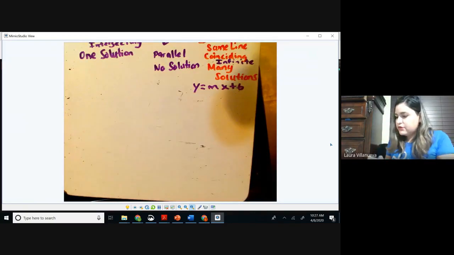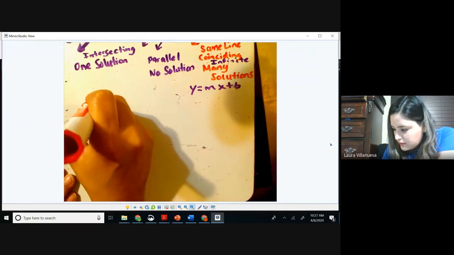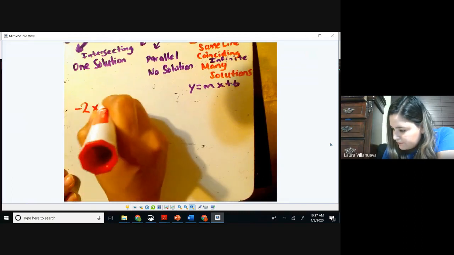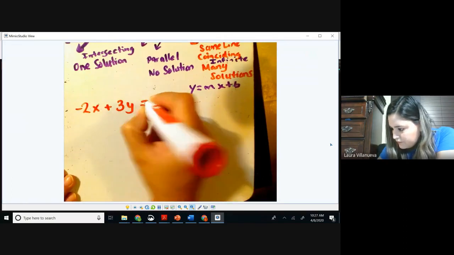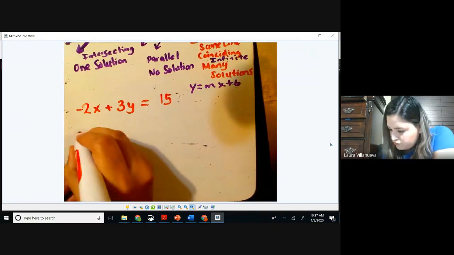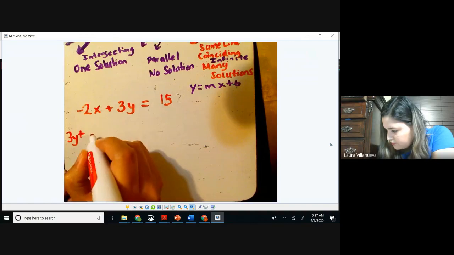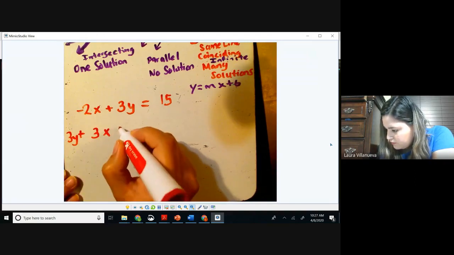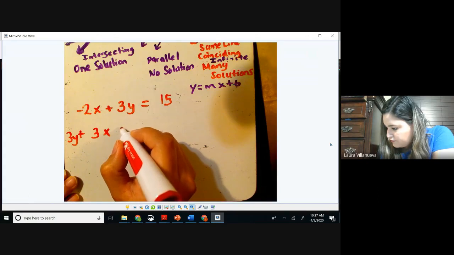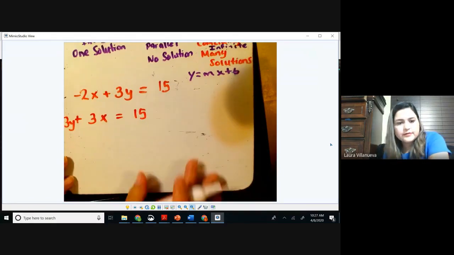And honestly, the new stuff is looking at the slope and the b to see if they're the same. All right, let's do this one.